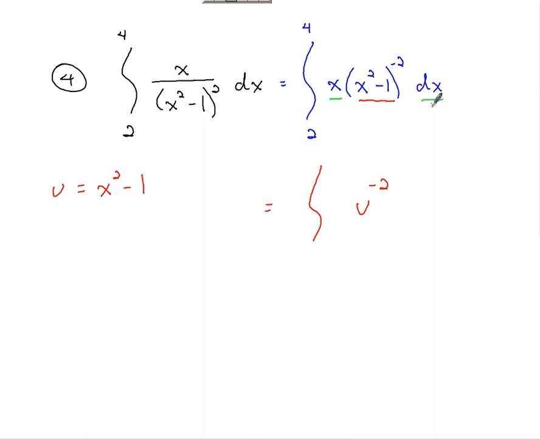So we go back over here to our u equation, we take our derivative. du equals 2x dx. Try and replace x and dx, divide 2 over. Apparently x dx equals 1/2 du. So insert 1/2 du.